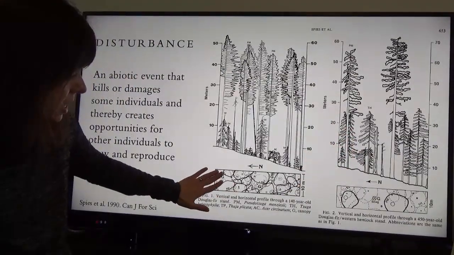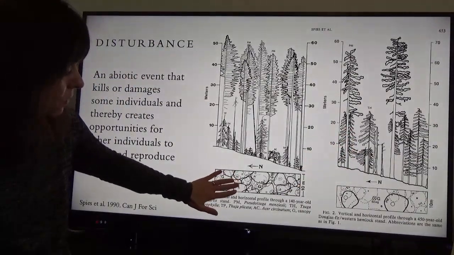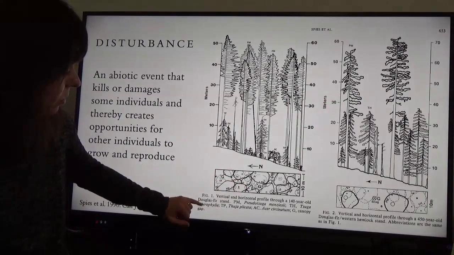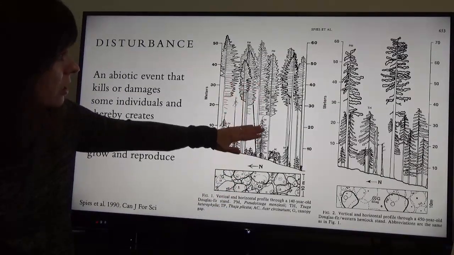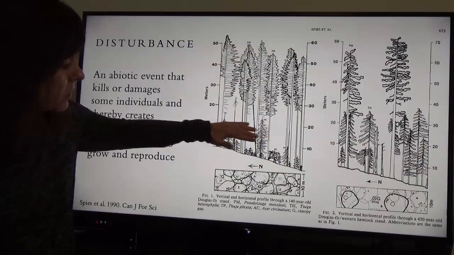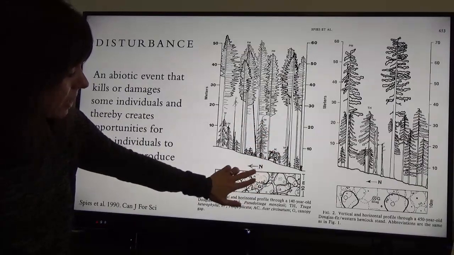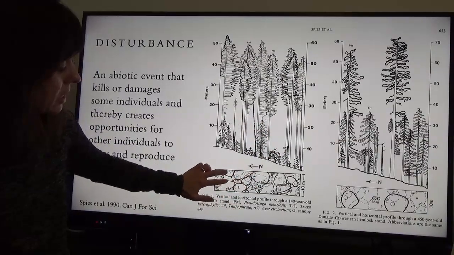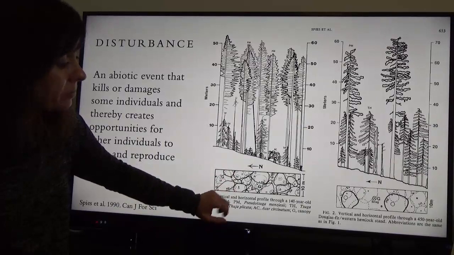So here you see the map of where the canopies are overlapping in this 140-year-old Douglas fir stand. So this is pretty young. Those Douglas fir have grown up, and they're just shading out all of these species in the understory. You can see the overlap of their crowns depicted by these circles in the map, okay?